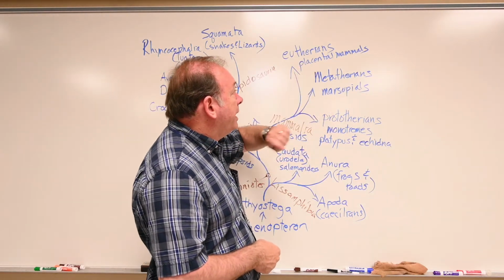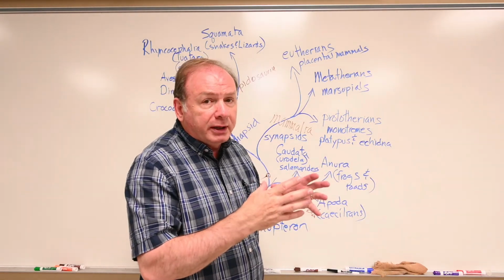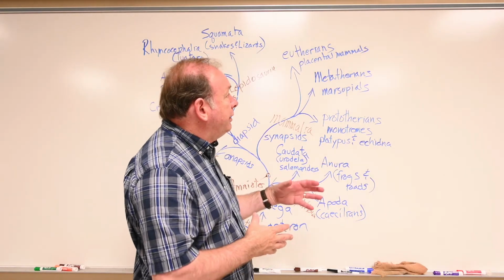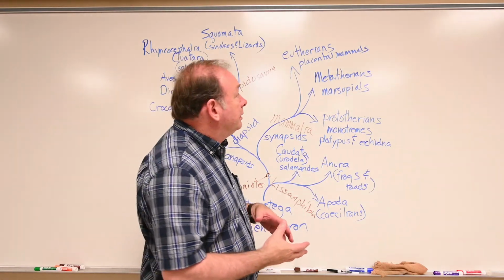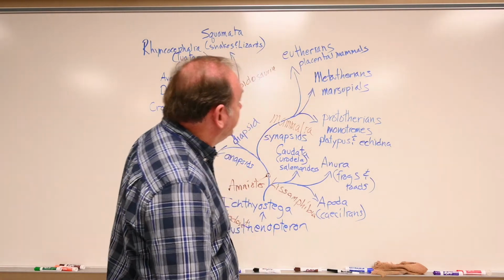And then placental mammals retain the embryos inside the body with a complex placenta structure to deliver nutrients between the mother and the growing baby animal.